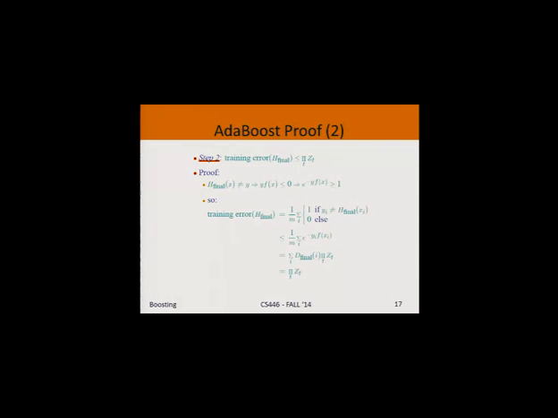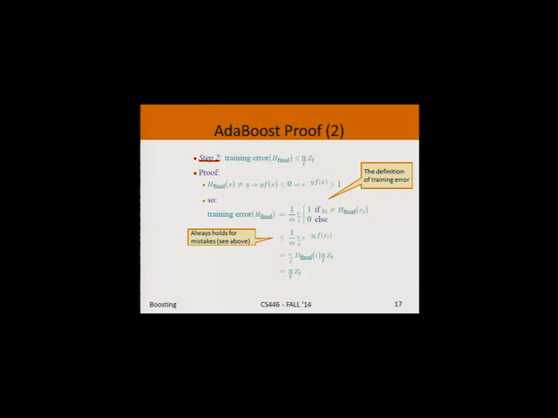So now, let's see what the training error is. I'm claiming that the training error is 1 over m, sum over i, of either 1 or 0: 1 when I made a mistake, 0 when I didn't make a mistake. That's the definition of the training error, right? Now, I want to argue that this is less than 1 over m, sum over i, of e to the minus y_i f of x_i.